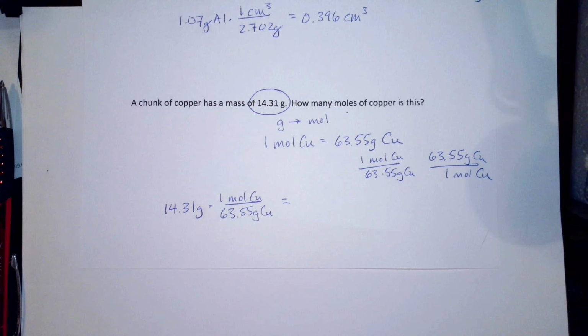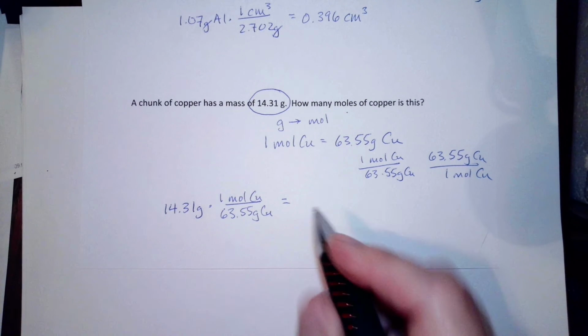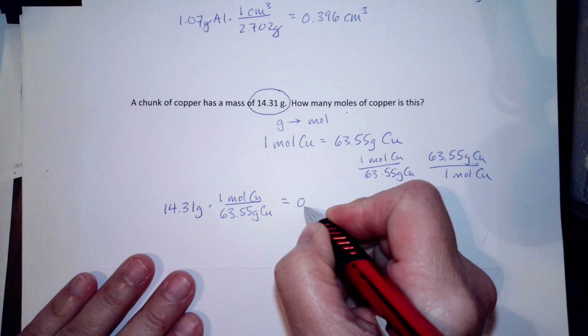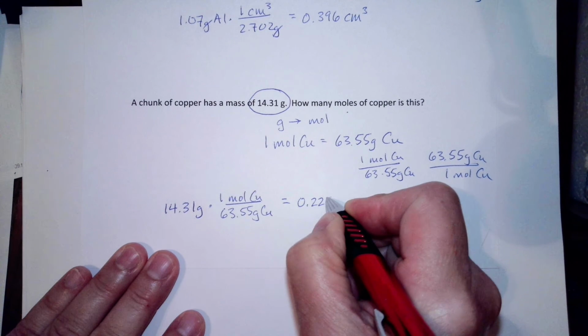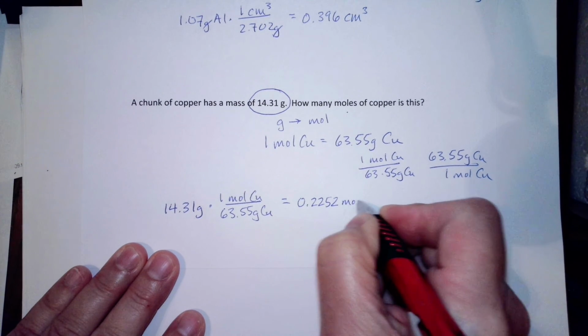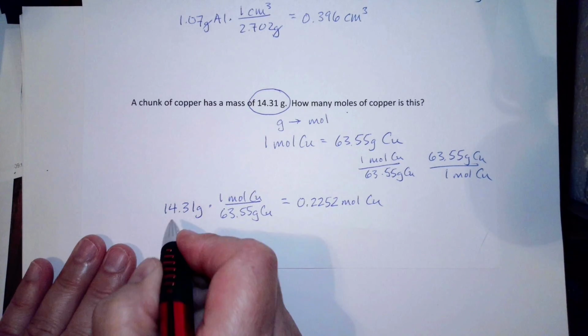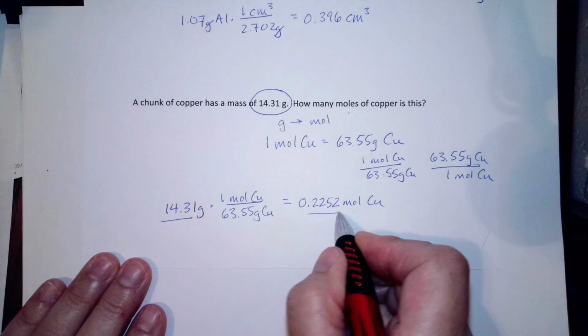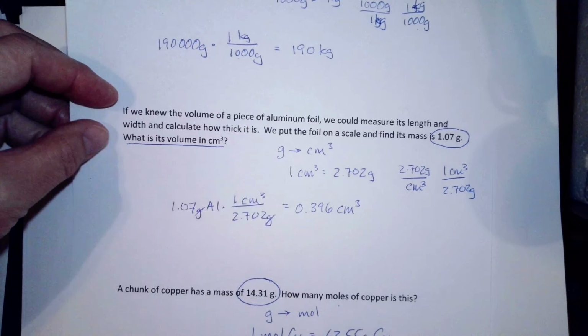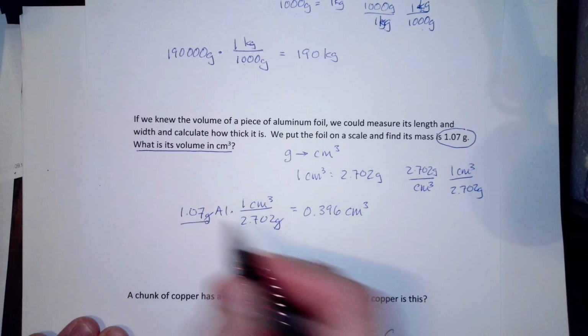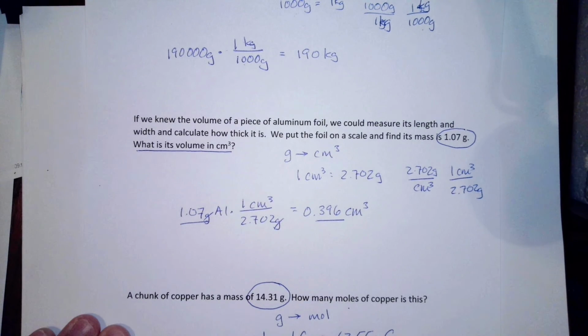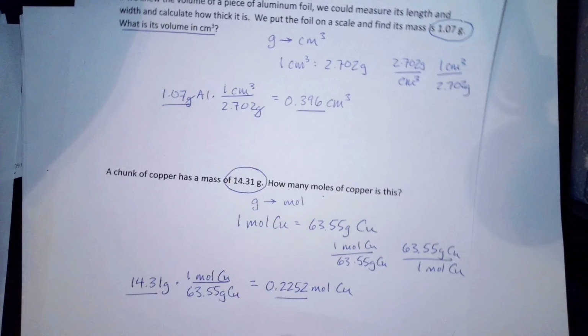That means 14.31 divided by 63.55, and that gives me 0.2252 moles of copper, and because there's 4 significant figures here, there's 4 significant figures there. I didn't mention it, but there are 3 significant figures here, so 3 significant figures there, and I think I did talk about significant figures in the first one.